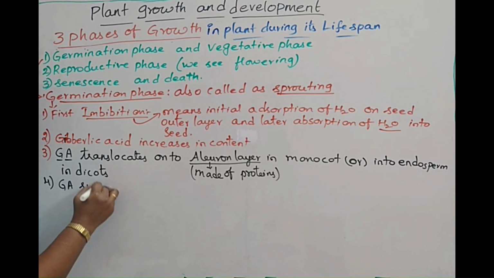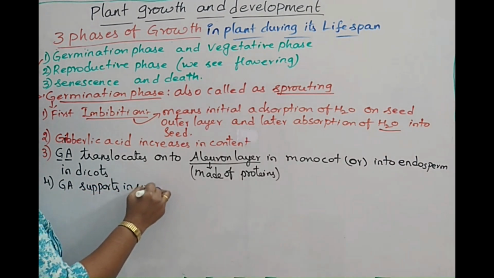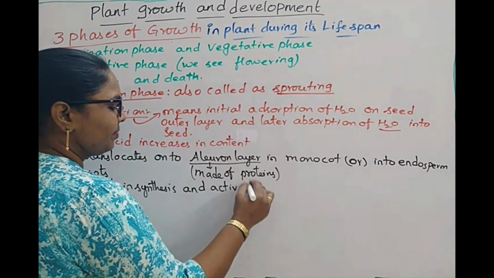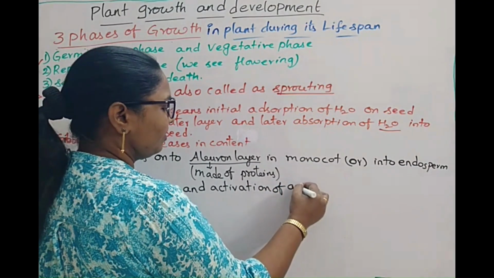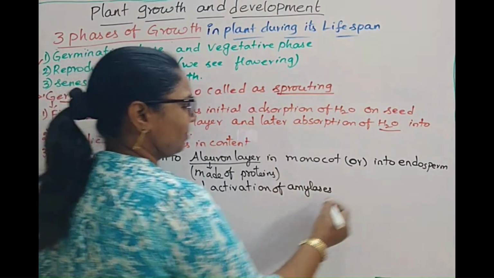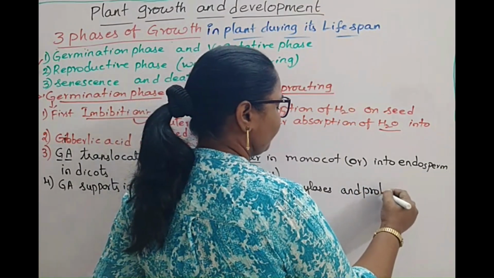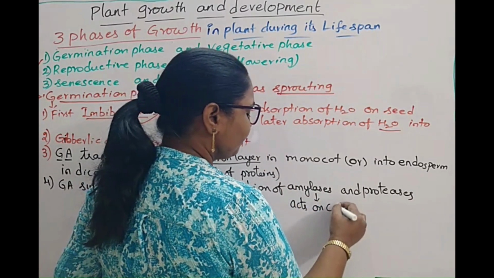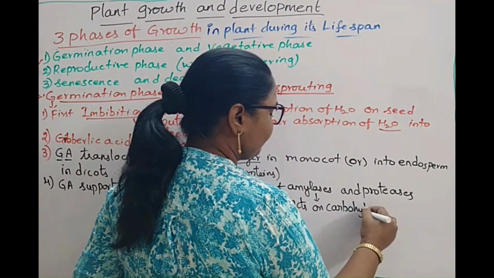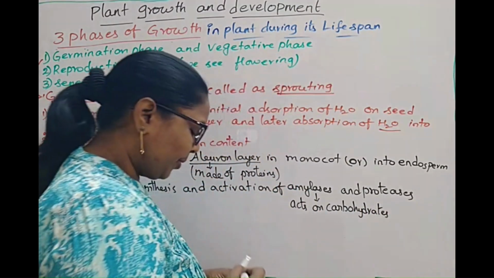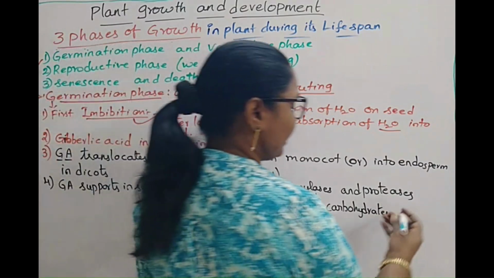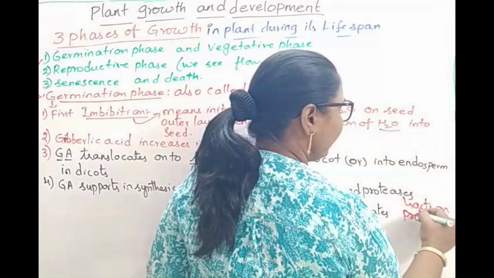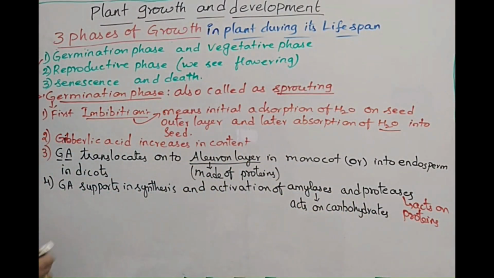Gibberellic acid supports the synthesis and activation of amylases and proteases. Amylases act on carbohydrates and proteases act on proteins and break them, so that food material will release energy.